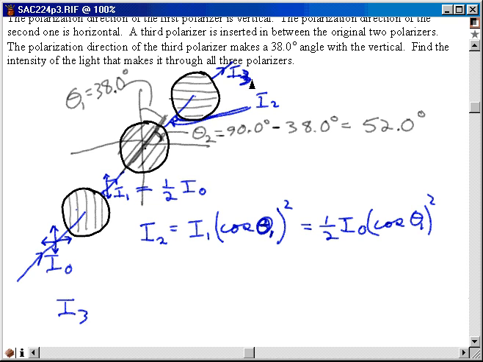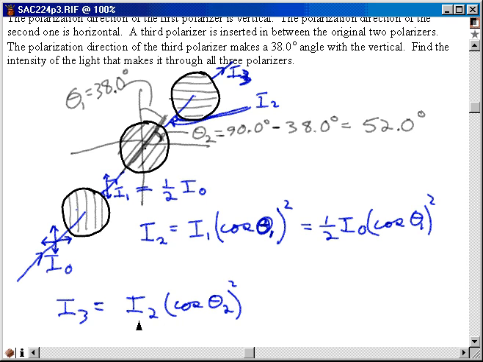So I3, what gets through this polarizer, is the intensity of the light that's hitting it times the cosine of the angle in between the polarization direction of the light and the polarization direction of the polarizer. Horizontal polarizer and light whose polarization direction makes an angle of 52 degrees with respect to that, an angle that I call theta 2. And that's all going to be squared.